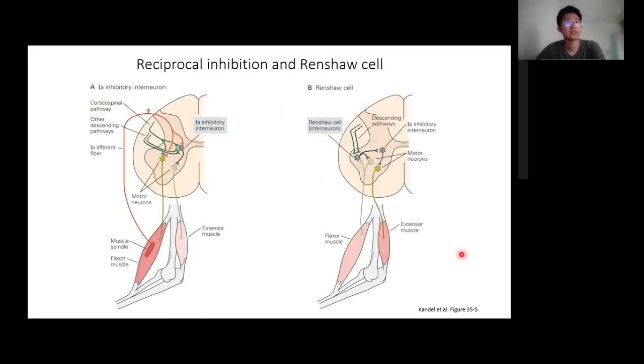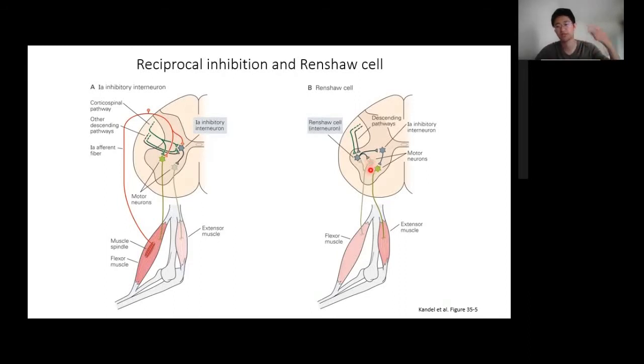And there's another type of cell in the spinal cord, called the Renshaw cell. The Renshaw cell is inhibitory. Here you have a muscle, and once the alpha motor neuron innervates the muscle, it simultaneously also innervates the Renshaw cell. The Renshaw cell becomes active and sends an inhibitory input to the same alpha motor neuron.